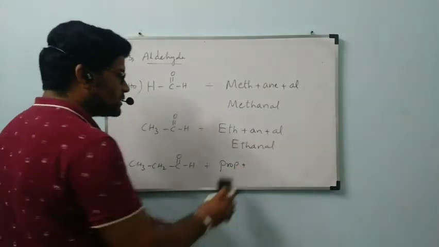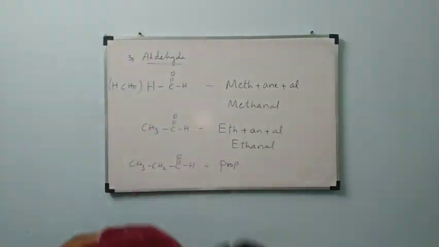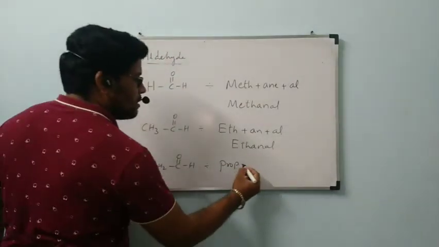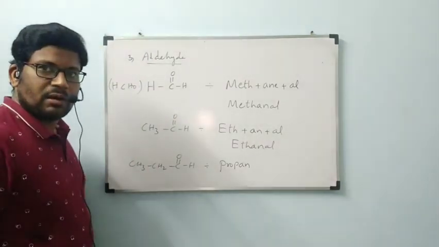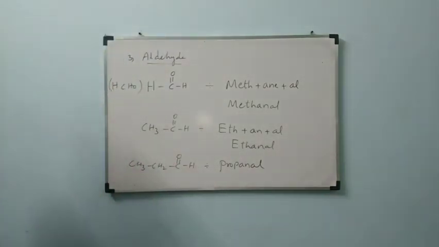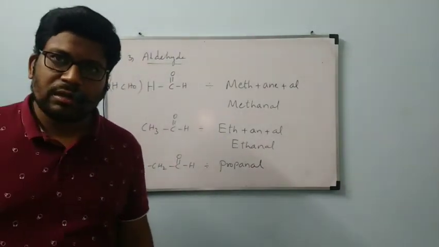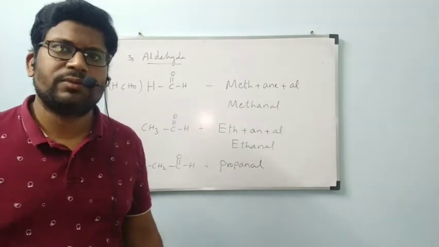All are single bonds and this one contains, what is the functional group? Aldehyde, al, propanal. Like that, next compound butanal, next compound pentanal, like that it will be continued.